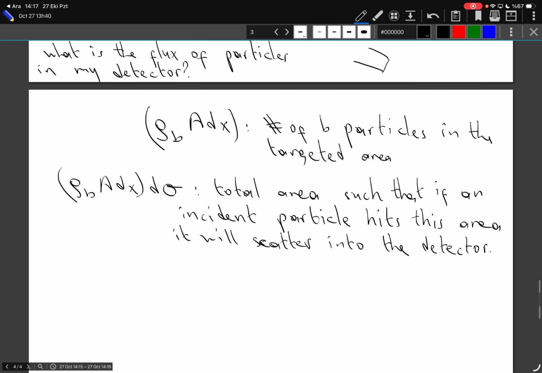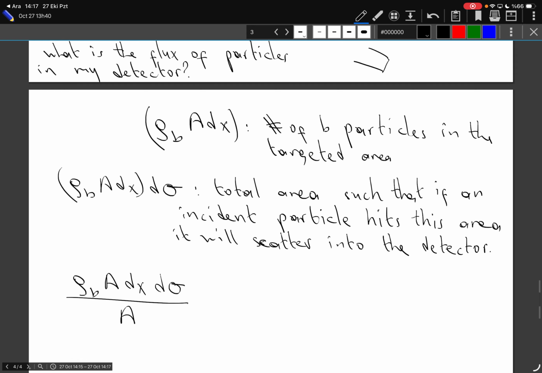Well, what is the fraction to the total area? This is the fraction of the area such that if my particles hit this fraction of area, they will scatter to the detector.